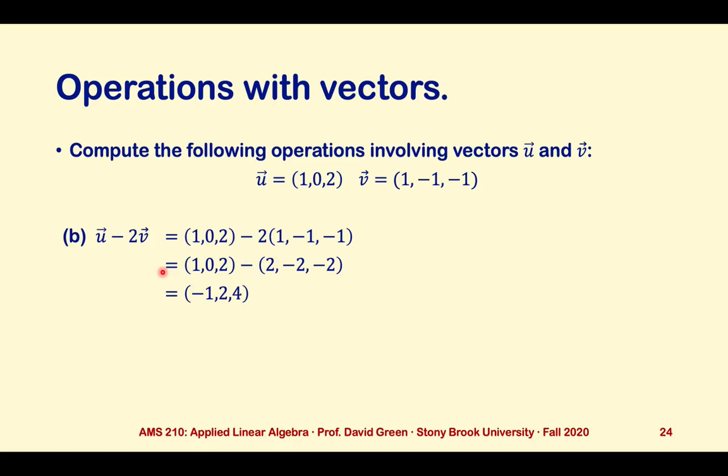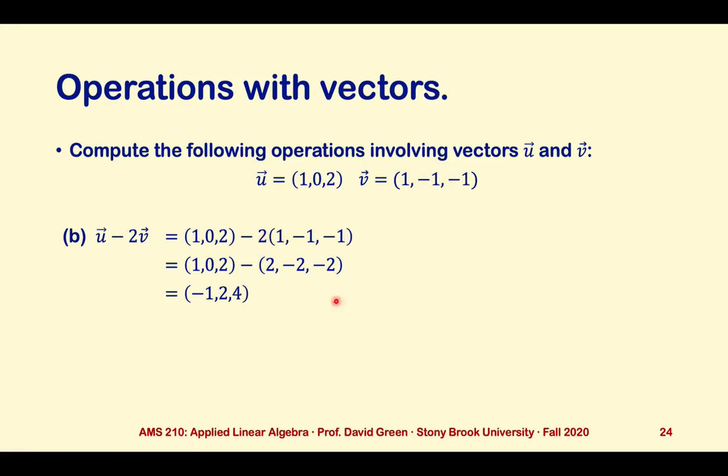Our second example is again a combination of scalar multiplication and an addition, noting that subtraction of a vector is the same as adding a negative multiple of that vector. Again, we take the multiple first, 2 times v, where v is 2, -1, -1.